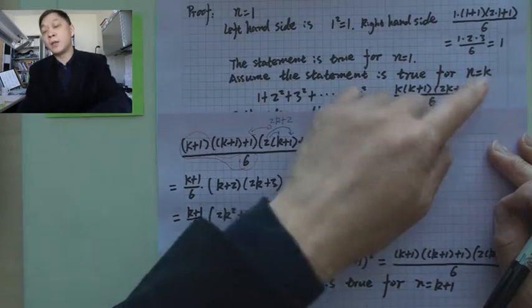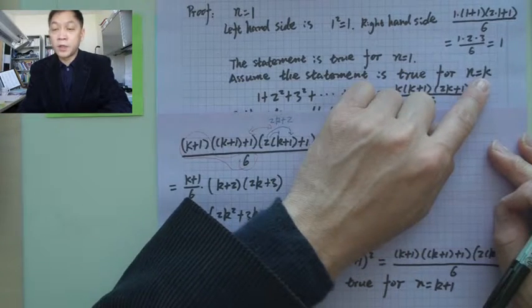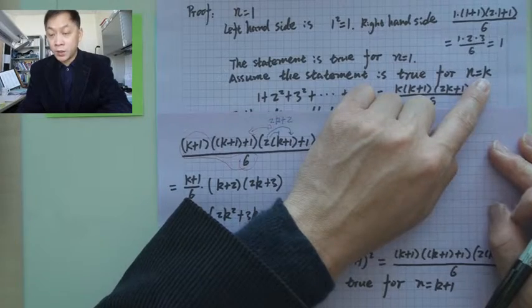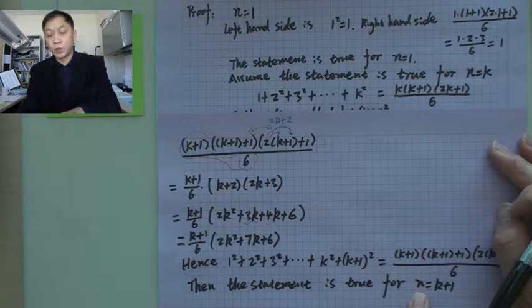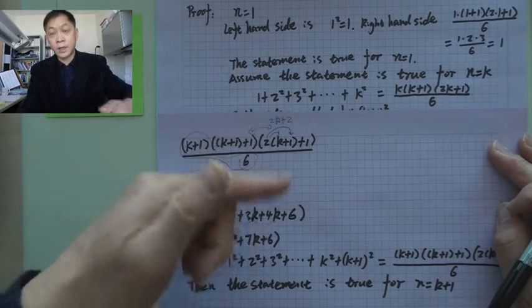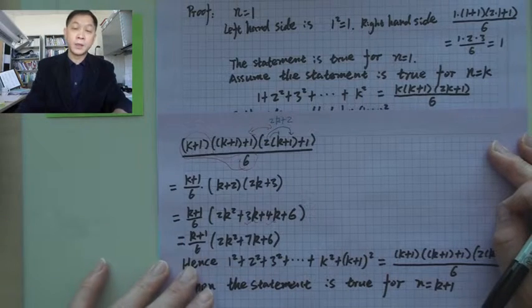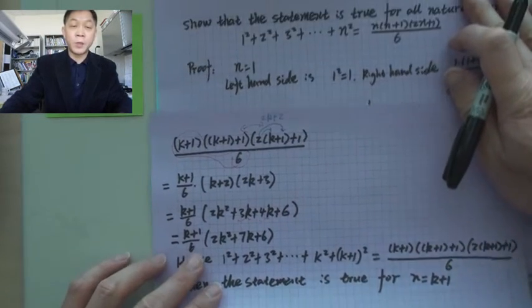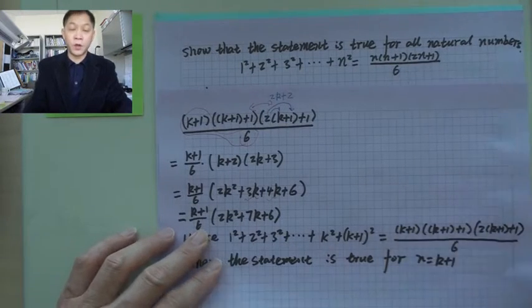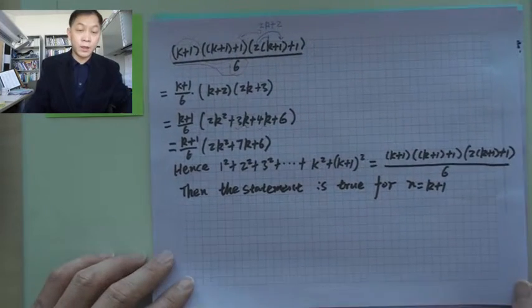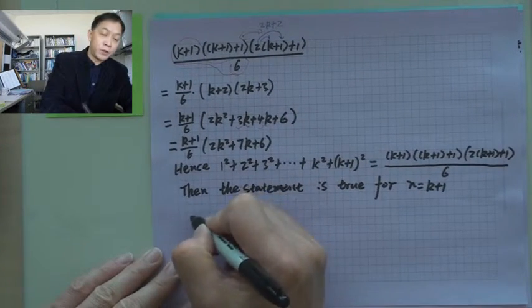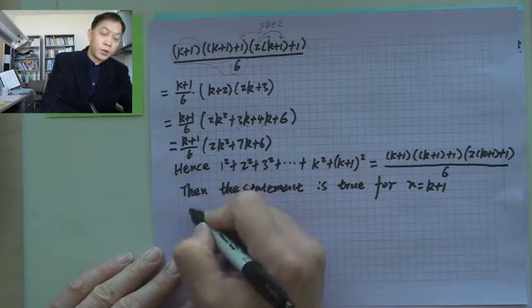And then again, k can choose 3, so we find the statement is true for 3 plus 1, so n equals 4. So this loop goes again and again and again. Then you will see the statement is true for all natural numbers.